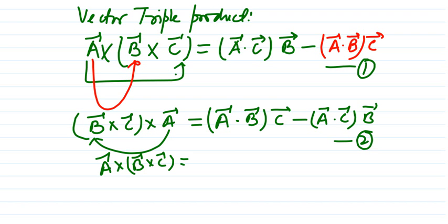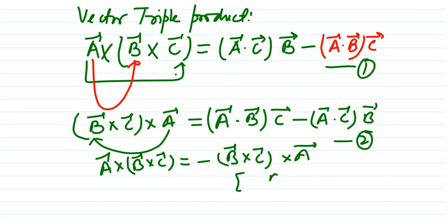is equal to minus of B cross C cross A. Or you can explain this result with the help of the property of the cross product, because the cross product of two vectors is not commutative.